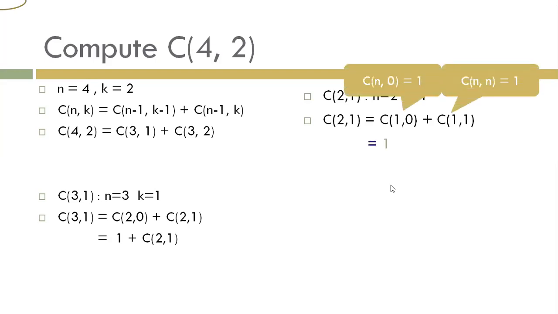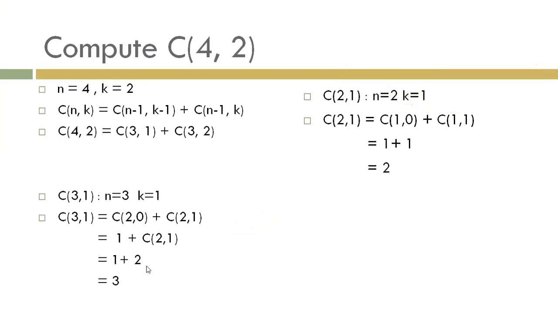Now, C of n comma 0 is 1 and C of n comma n is also 1. So here C of 1 comma 0 becomes 1 and C of 1 comma 1 also becomes 1. That is equal to 1 plus 1, which is 2. Let us substitute this value 2, the result of C of 2 comma 1, into our previous equation. So 1 plus 2 is equal to 3.